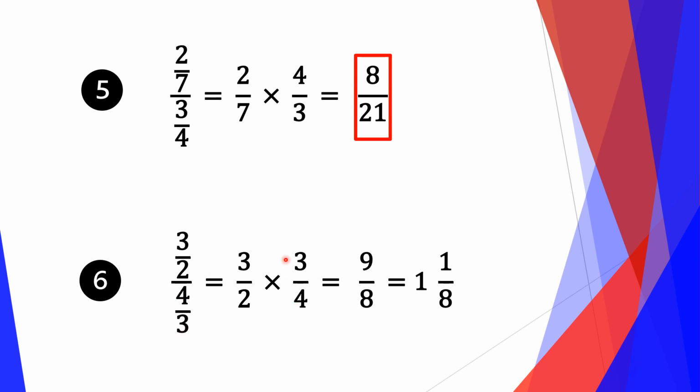We write it down as 3 over 4. Now we can't cancel anything here. So we times our numerators first. 3 times 3 is 9. And then we times our denominators. 2 times 4 is 8. Now this is an improper fraction. You want to write it down as a mixed fraction. So 1 and 1 over 8 is our solution.